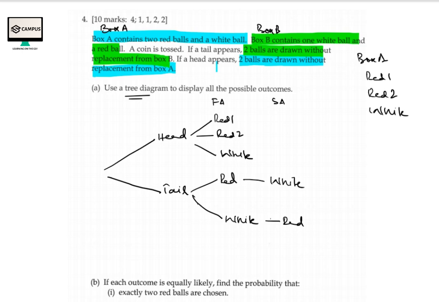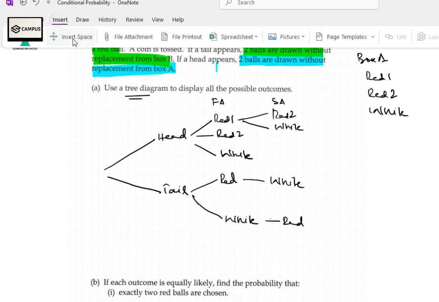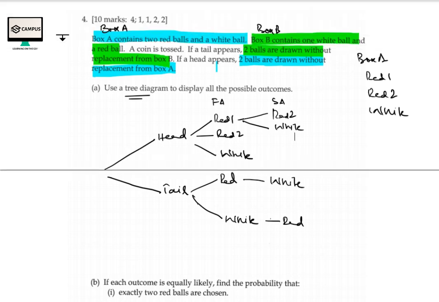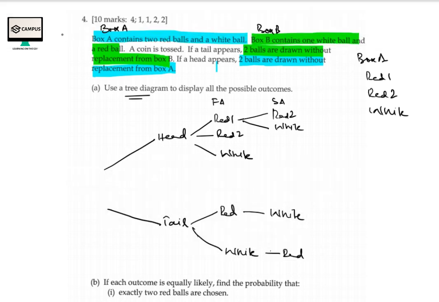Since we are doing it without replacement, if we chose red 1, the first red ball, then we have two possible choices in our second attempt, and that could be either red 2 or the white ball, right? We are a little cramped for space, so let's insert some space here. All right.